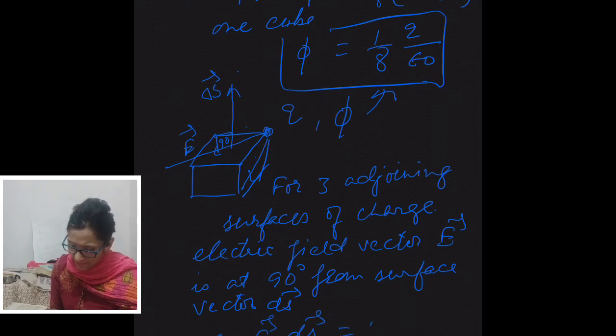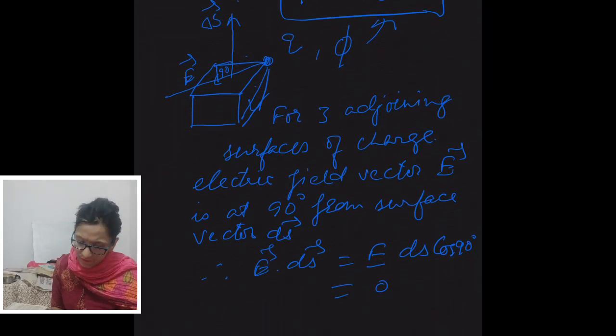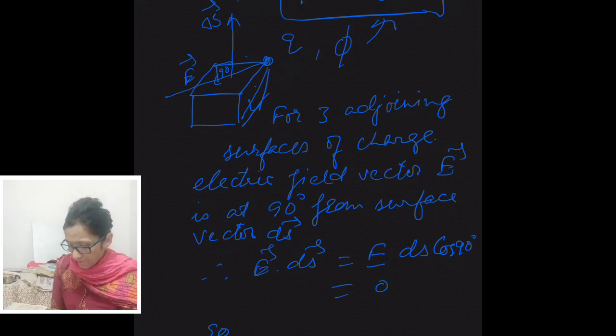Therefore E dot dS is equal to E dS cos 90, and cos 90 is equal to 0, so this is 0. So all the flux is passing through the rest of the 3 surfaces.